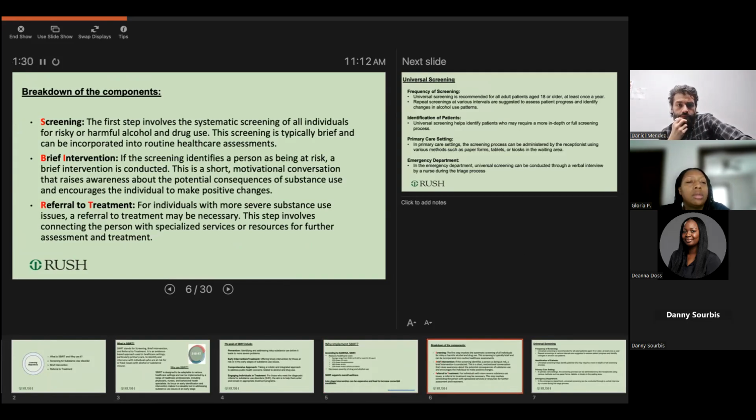The brief intervention, if the screener identifies a person as being at risk, a brief intervention is conducted. This is a short motivational conversation that raises awareness about the potential consequences of substance use and encourages the individual to make a positive change. And referral to treatment is for individuals with more severe substance use issues, where referral to treatment may be necessary. This step involves connecting a person with specialized services or resources for further assessment and treatment.